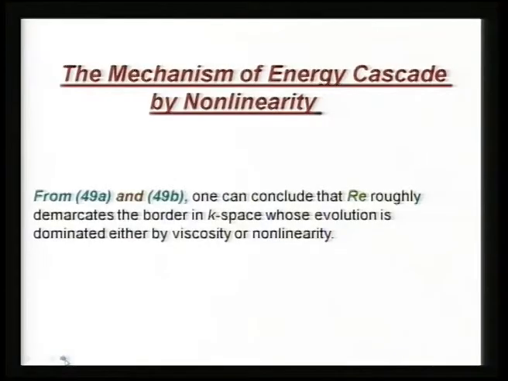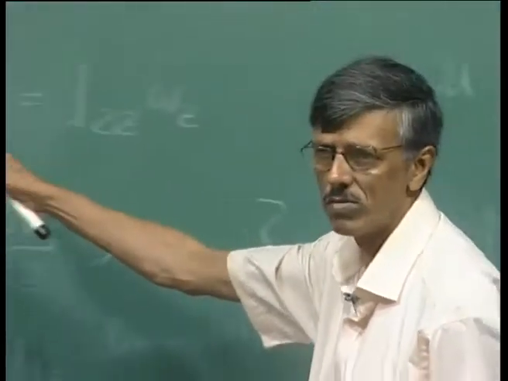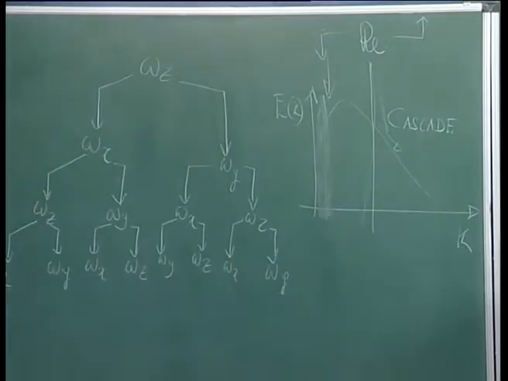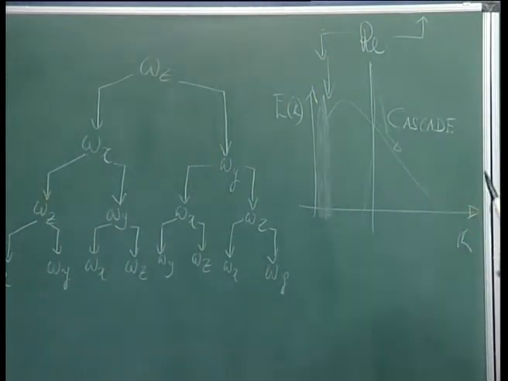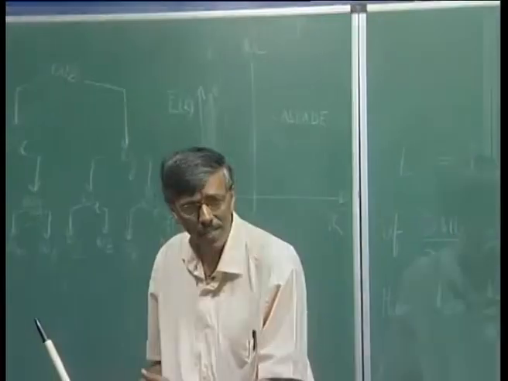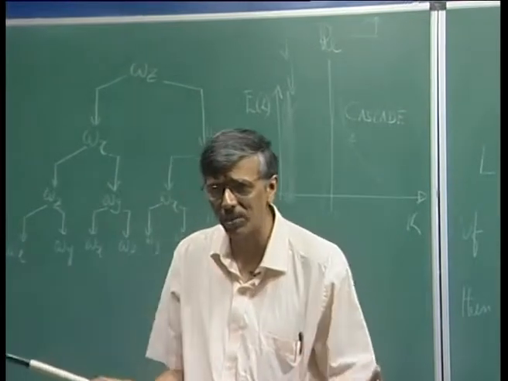That is what I said, that the Reynolds number roughly demarcates the border in k space whose evolution is dominated either by viscosity or nonlinearity. So, we are talking about a truly time dependent flow, right. Turbulent flows are indeed time dependent. So, this is not frozen, because this border itself will keep moving depending on whether the nonlinearity or the viscous term is important, and both these terms keep changing with time.